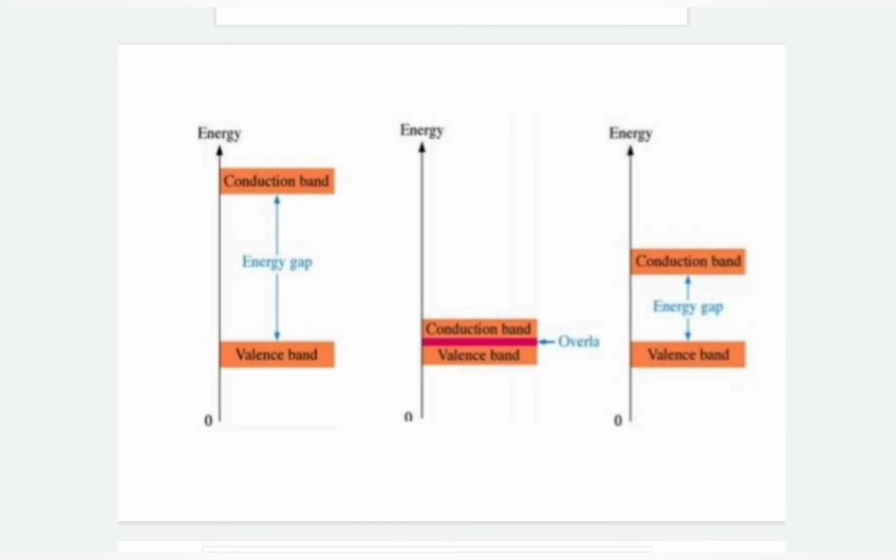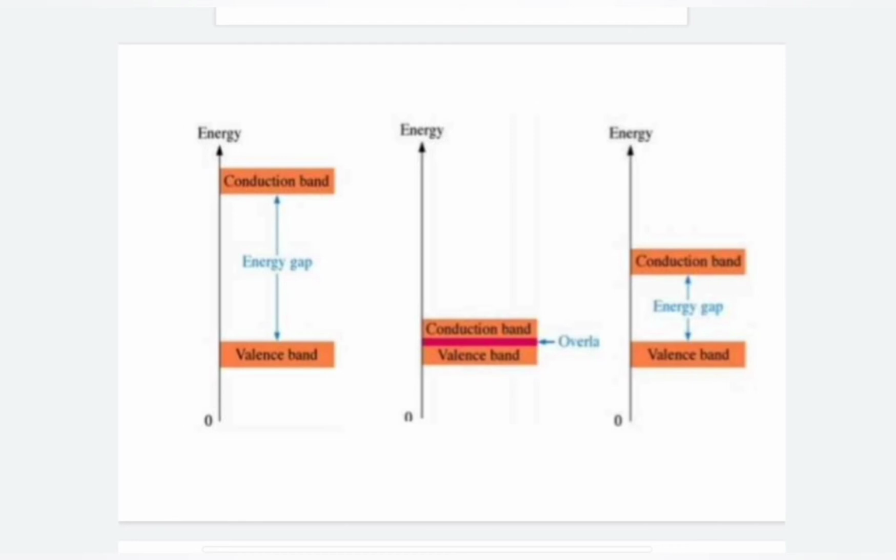In the first diagram, which has a very large energy gap between the valence band and the conduction band, the material is an insulator. All electrons will be present in the valence band and the conduction band will be almost empty. Why? Because it is impossible for electrons to jump from the valence band to the conduction band, as the energy gap is greater than 6 electron volts.